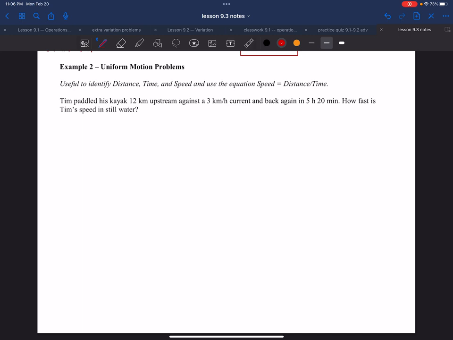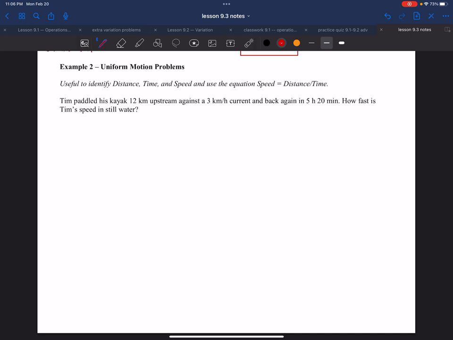If you're driving a car for 80 miles an hour for 3 hours, maybe you average 80 miles an hour, but you're not actually driving that the whole time. So often these problems will give you their average speed over some interval, whether that interval is time or distance.